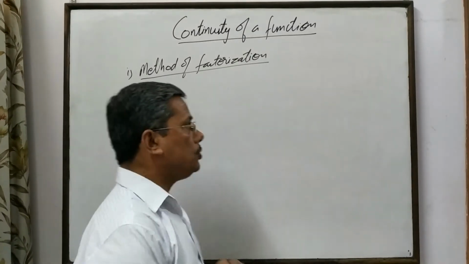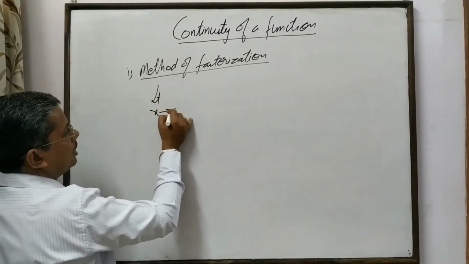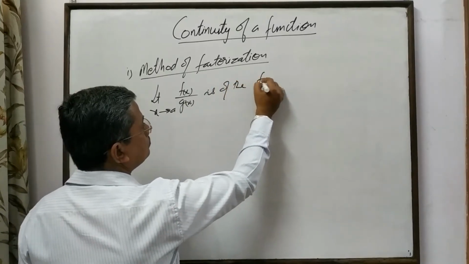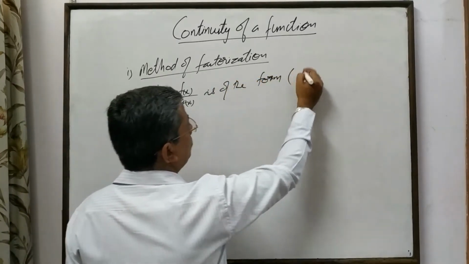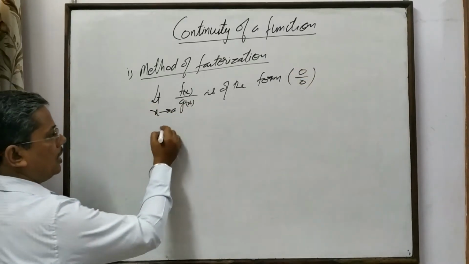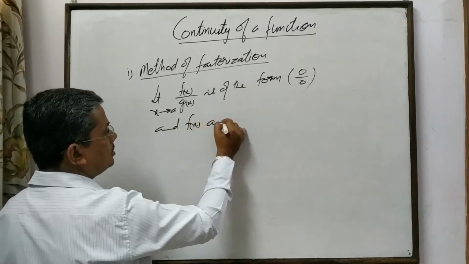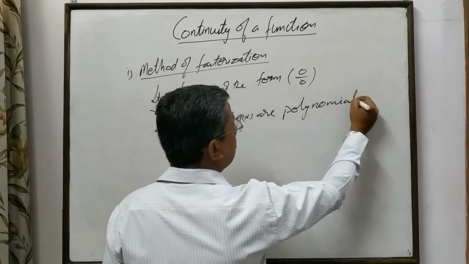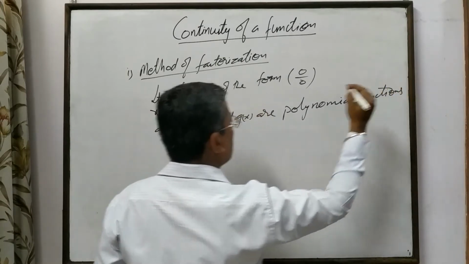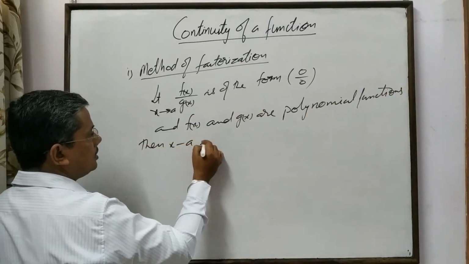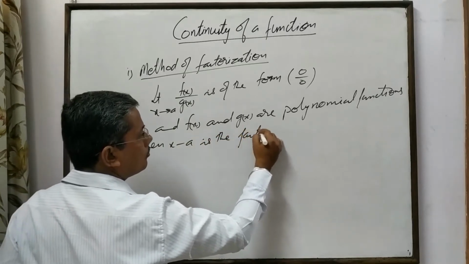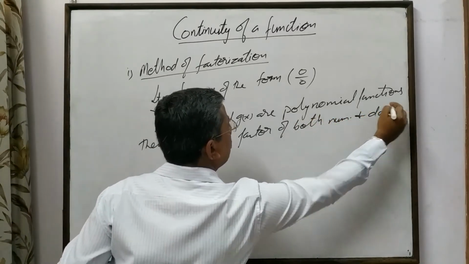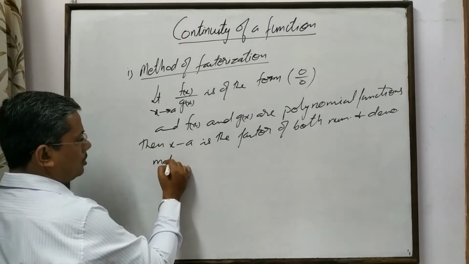If limit x tend to a, f of x upon g of x is of the form 0 upon 0, and f x and g x are polynomial functions, then x minus a is a factor of both numerator and denominator.